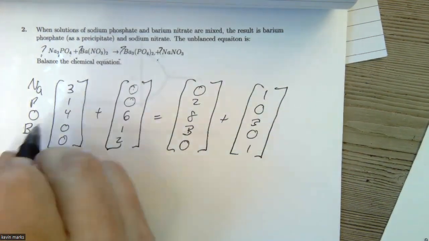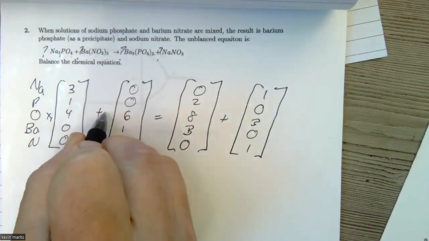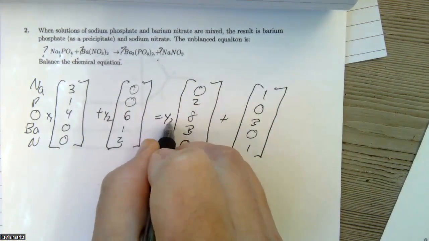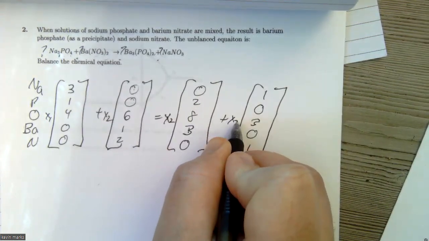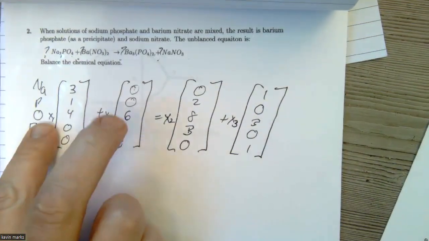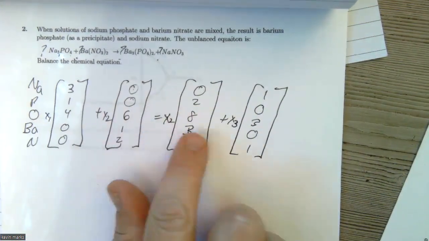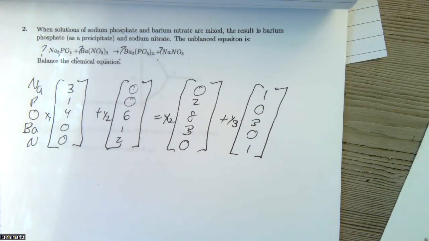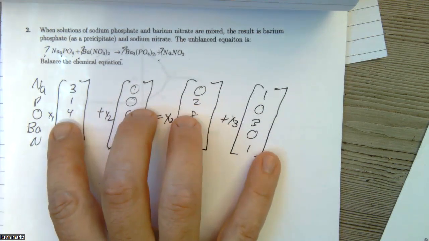And the whole point of what we're trying to get to is so many of these plus so many of these should equal so many of these plus so many of these. There's your vector equation. So, how do I solve this vector equation?